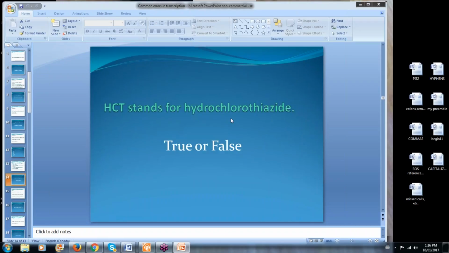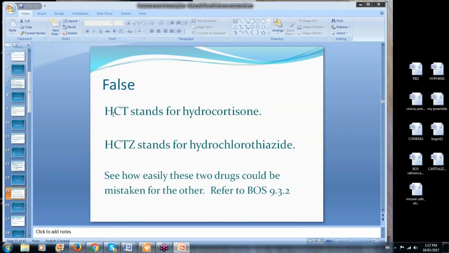HCT stands for hydrochlorothiazide. True or false? False, false, true, false, true. So we kind of have a mixture. The answer is false. HCT stands for hydrocortisone. Okay, and HCTZ stands for hydrochlorothiazide.